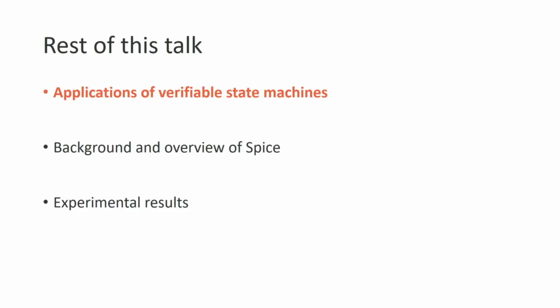In the rest of this talk, I'm going to focus on 3 things. First, I'll discuss a few applications that can be built with verifiable state machines. Second, I'll present some background on prior work and a quick overview of SPICE. Finally, I'll present some experimental results.